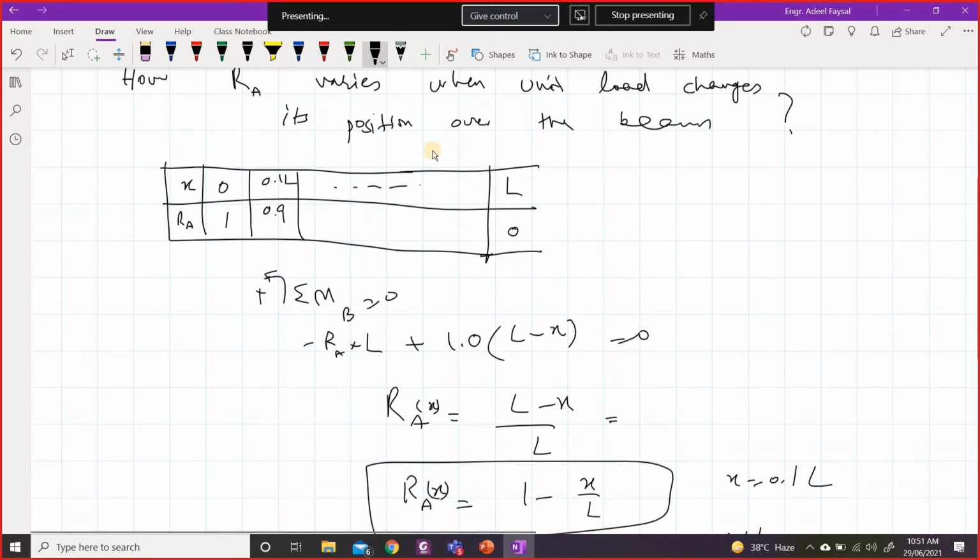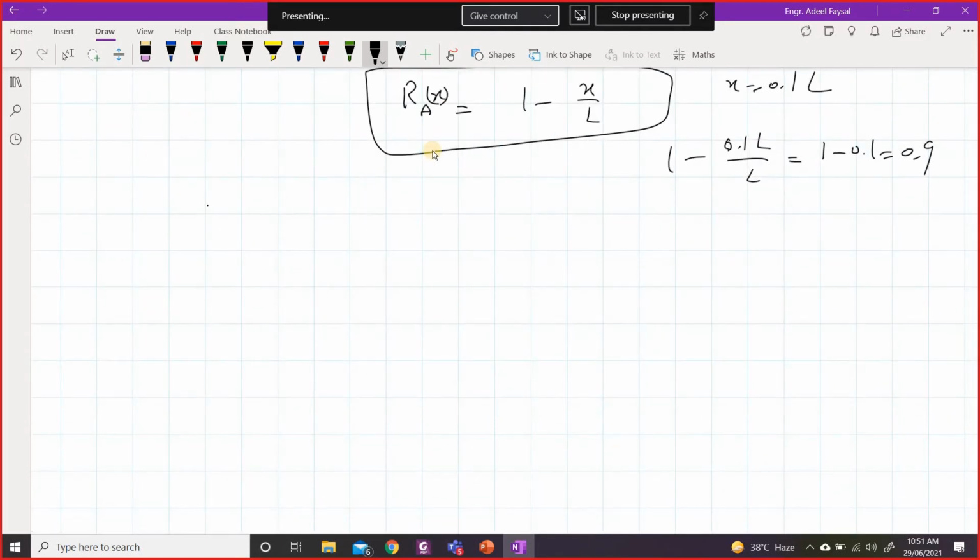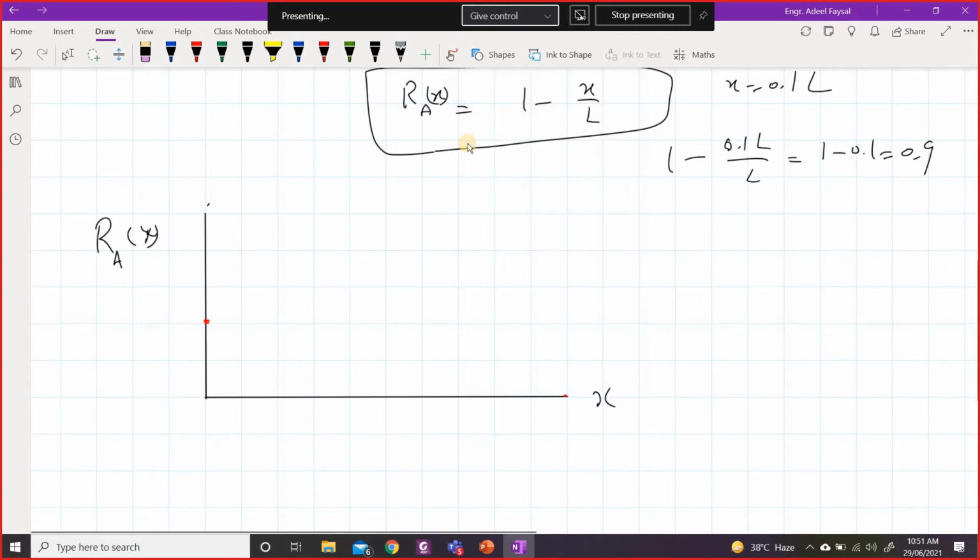So if you plot RA as a function of X, against X, maybe I can say this is 1 and this is 0, so I could join them by a straight line.